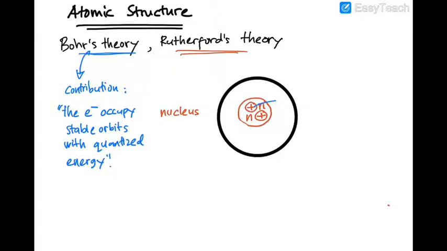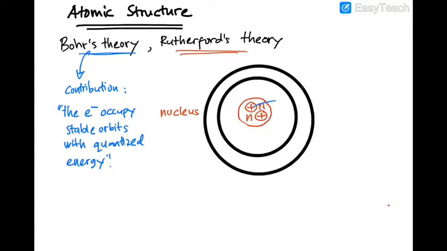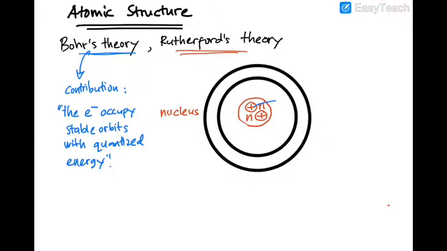Okay, 1 and then 2. For instance, 2. So you also still have these orbits, okay? You have an electron here, you have an electron there. However, now they have certain quantized energy for each level of the orbits.